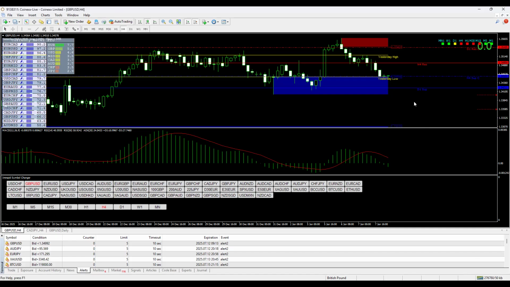Well, there's nothing saying that. Here's the thing about this trade. Current price is stuck in between structure.